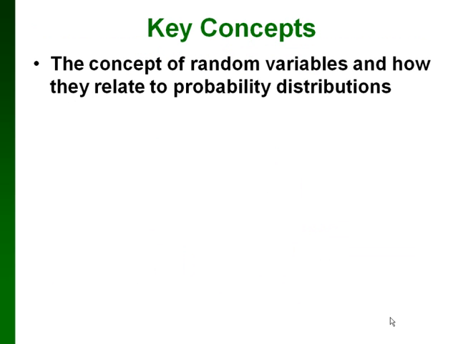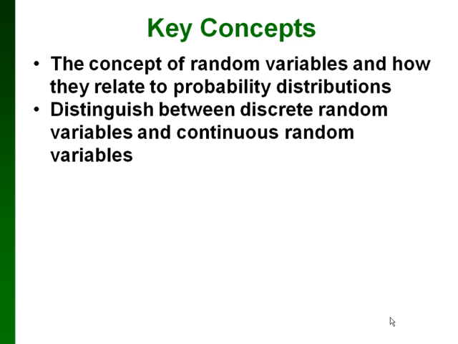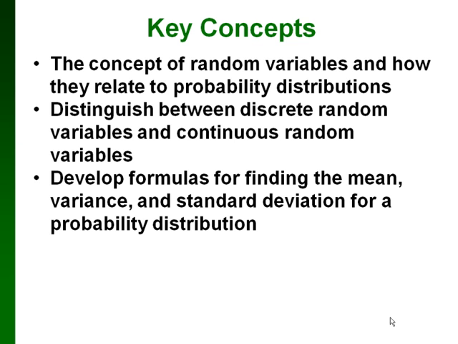Some key concepts that you need to know for this chapter. The first one is the concept of a random variable and how it relates to a probability distribution. Then we have two types of random variables, discrete and continuous, so you need to be able to distinguish between the two. Then we're going to look at formulas and actually more at procedures for finding mean, variance, and standard deviation for a probability distribution.